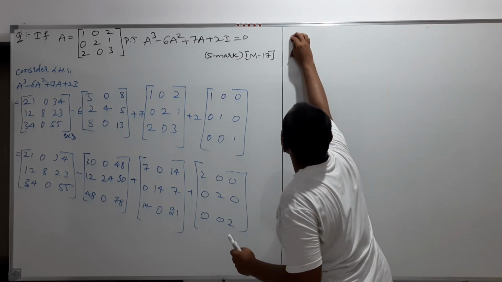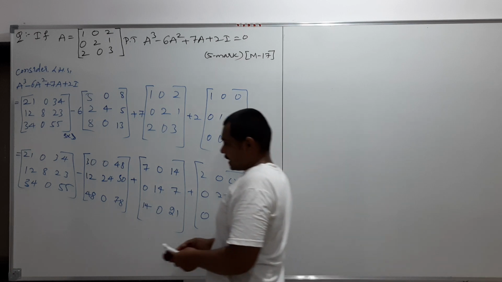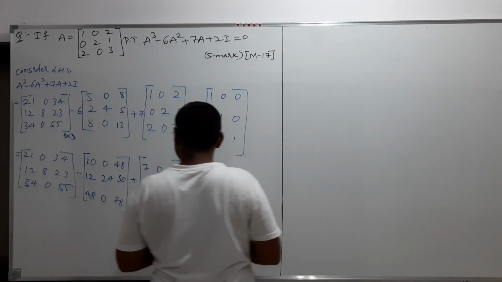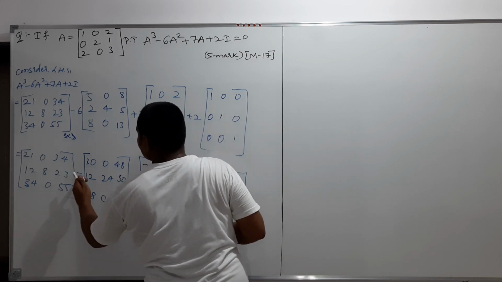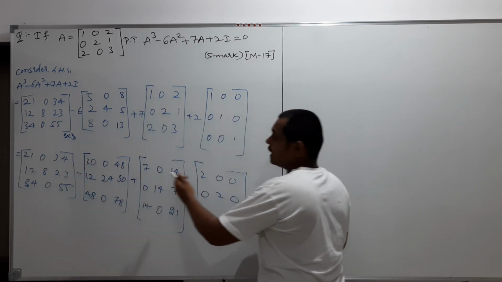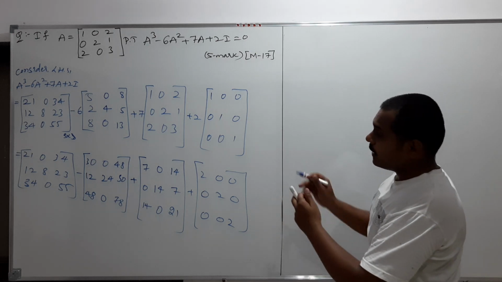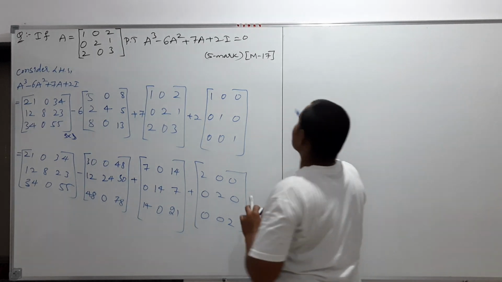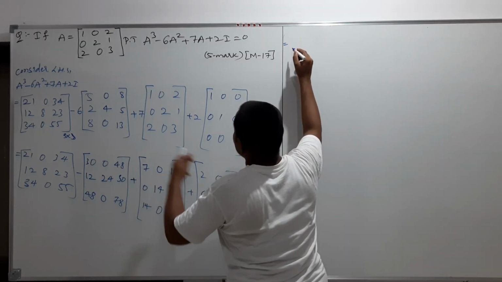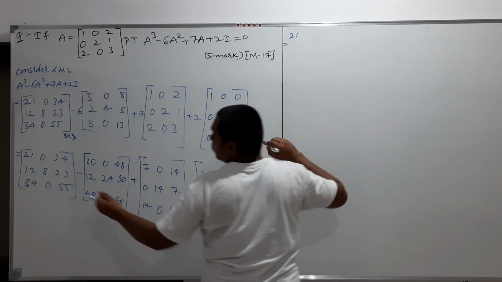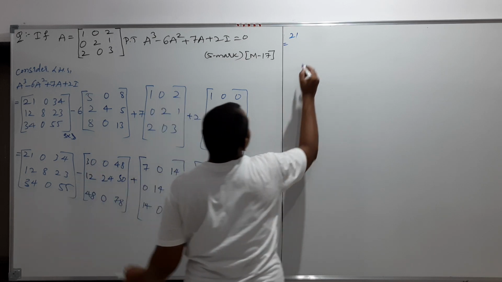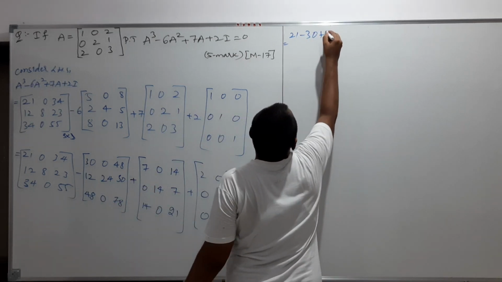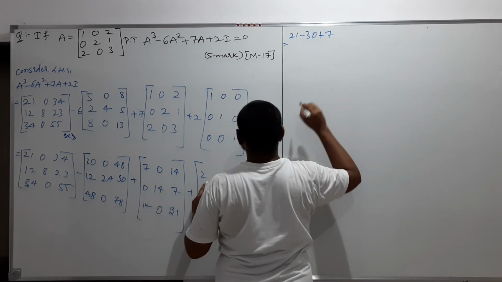So we can see, I will subtract with every element. 21 minus 30 plus 7 plus 2.